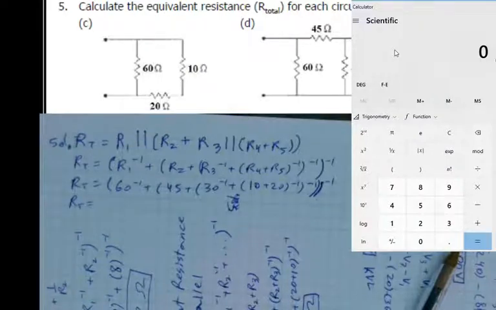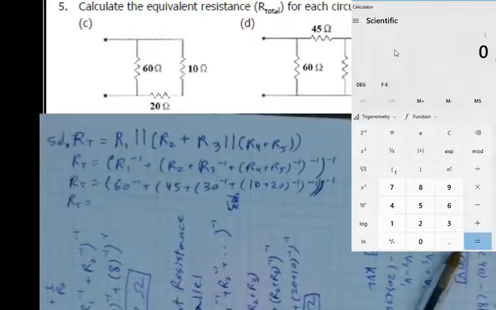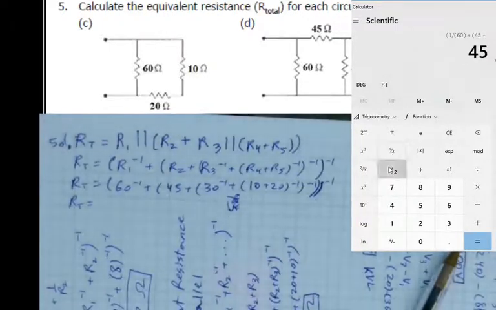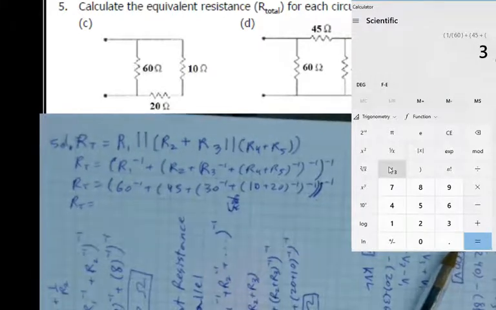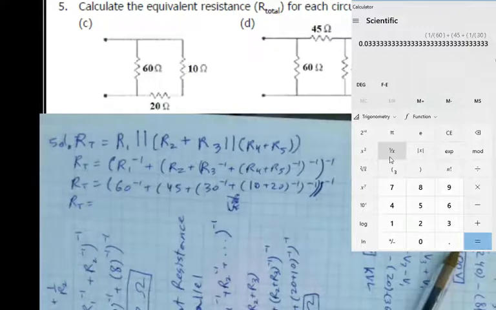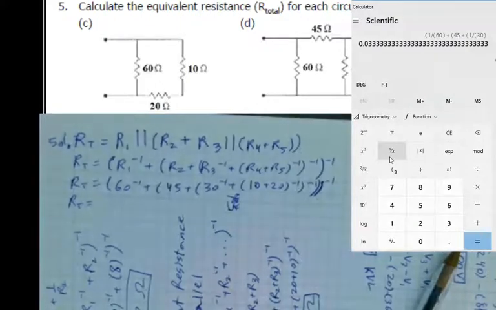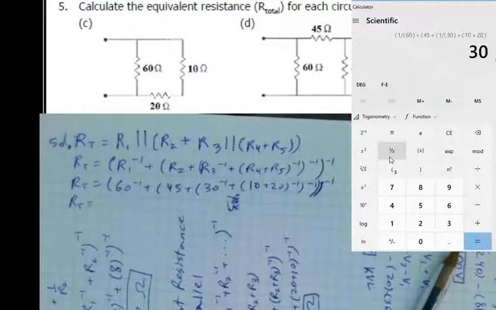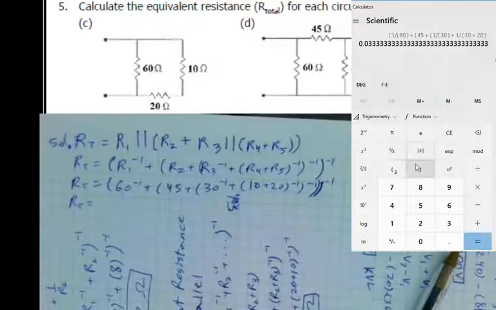So let's add this now. We have bracket 60 reciprocated plus bracket 45 plus bracket 30, that's reciprocated, plus bracket 10 plus 20. Close that. We reciprocate that.